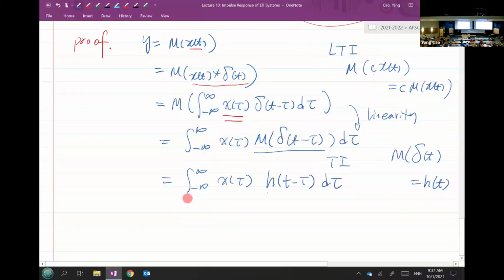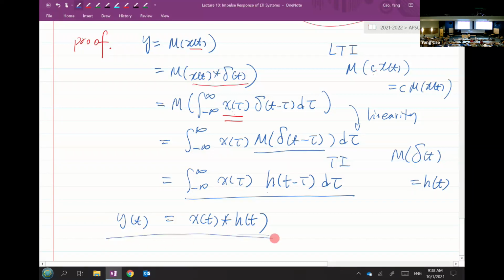Finally, you look at the last expression: that is x of t convolved with h of t. That's the formula for convolution between x of t and h of t. So this is your y of t. So that's the proof. Basically, you can write your output y corresponding to x as x convolved with h. That's a simple proof.